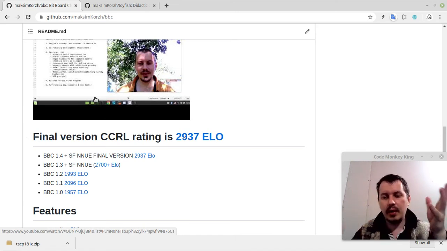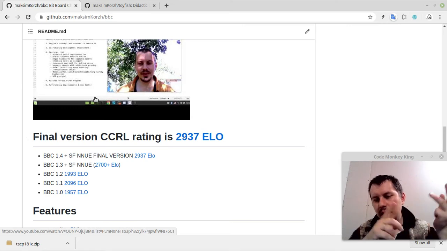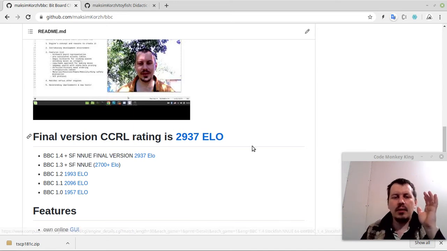So the goal I set for this project was to take all the modern alpha-beta search optimizations available, many of those that are available in Stockfish as well, by the way. But I tried to provide the simplest possible, the most didactic implementation for those features, like razoring. Even the transposition table was simplified a lot, like a whole lot of things. I just don't really want to dive into this now.